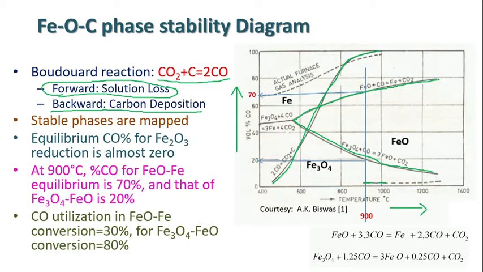These two lines start at a temperature of 572 degrees centigrade at the node.